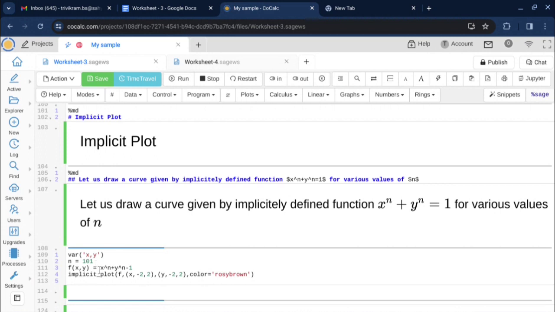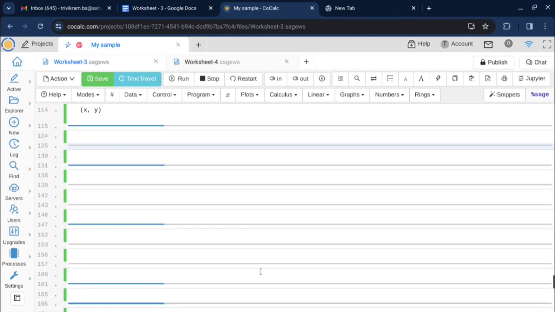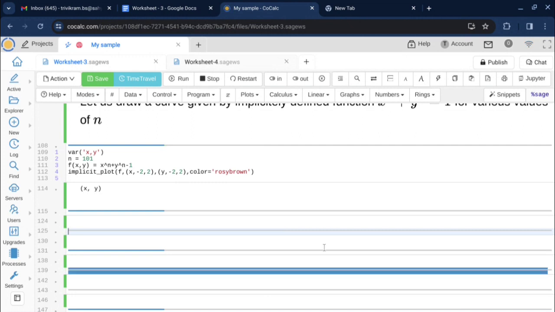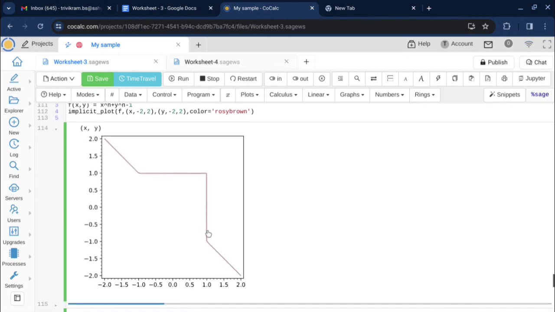F of x is equal to x power n plus y power n minus 1. Implicit underscore plot, f of x, x range I have given, y range I have given, color I have given as rosy brown. Just run it. We'll get the plot like this.